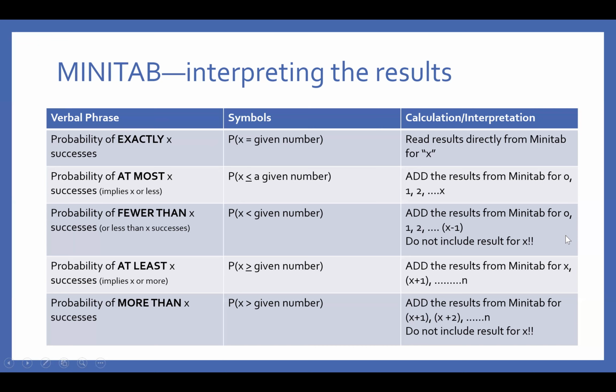And it tells you how to interpret or calculate the probabilities based on what you're looking for. I give it to you in words, I give you the symbols, and then I give you how to do it. Make the table your BFF.